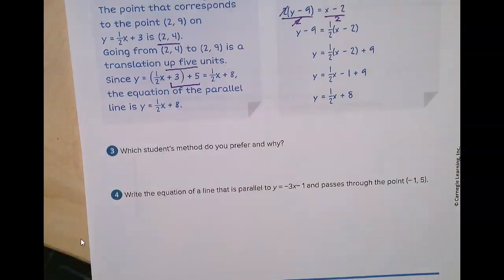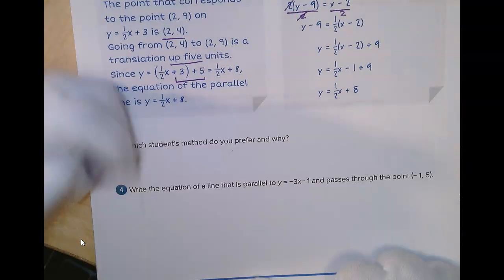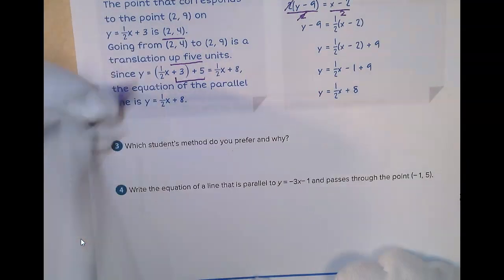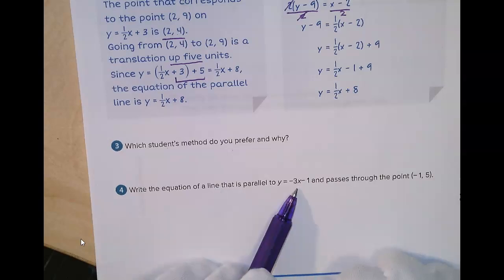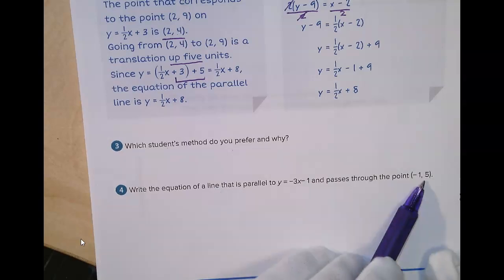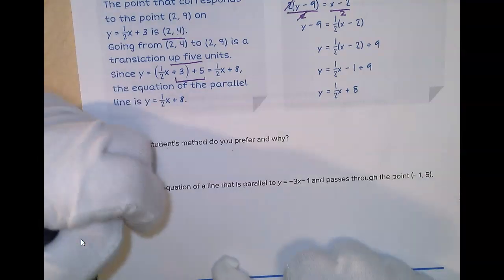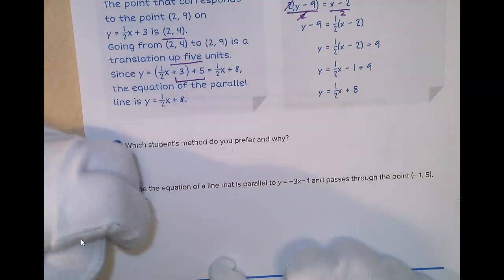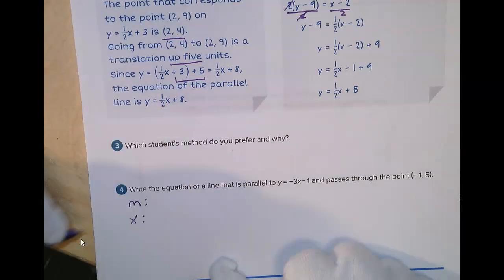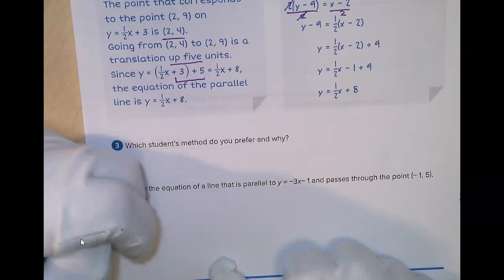So here's the Ms. Besk method. So what I do first, so we want the equation of a line parallel to this that goes through this point. So I know some things. I know the slope, I know an x, and I know a y.